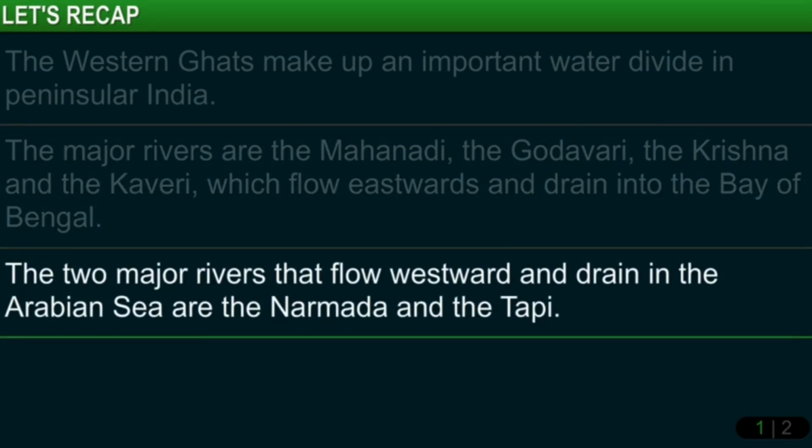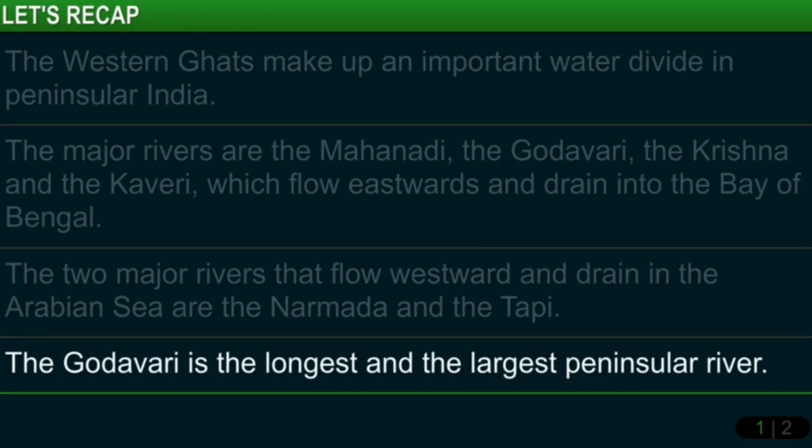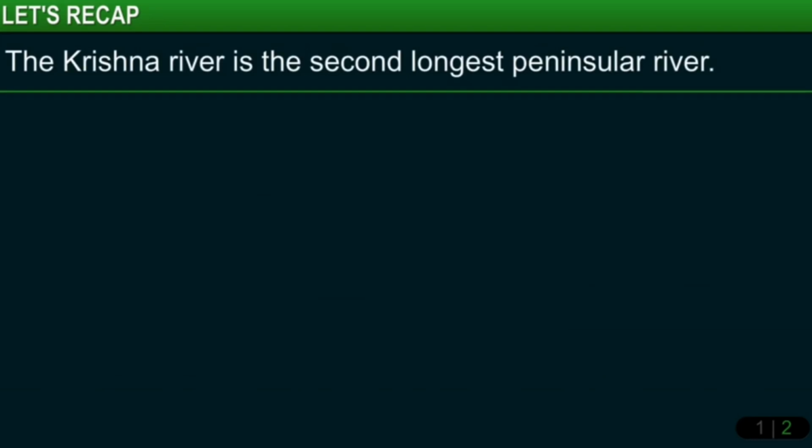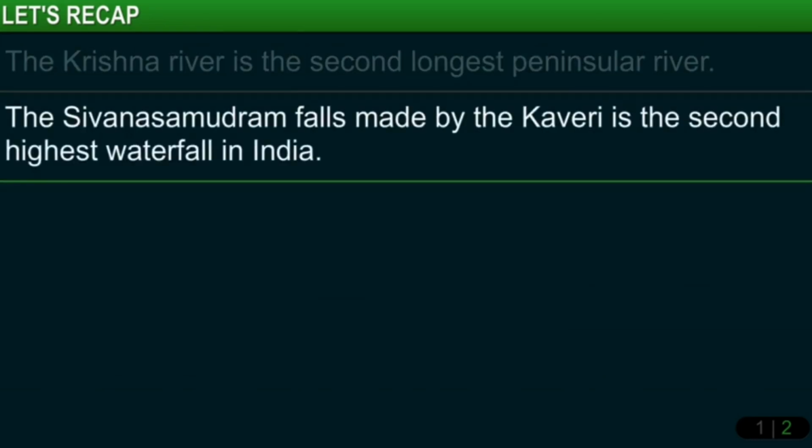The two major rivers that flow westward and drain into the Arabian Sea are the Narmada and the Tapi. The Godavari is the longest and the largest peninsular river. The Krishna River is the second longest peninsular river. The Sivanasamudram Falls, made by the Kaveri, is the second highest waterfall in India.